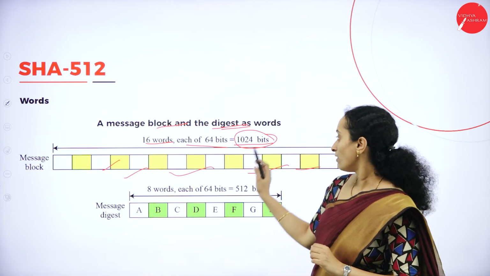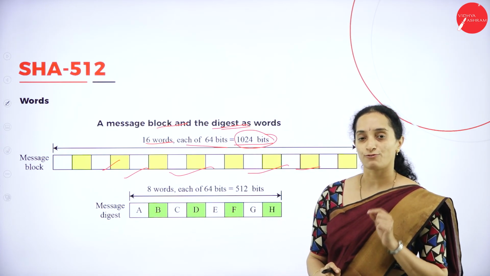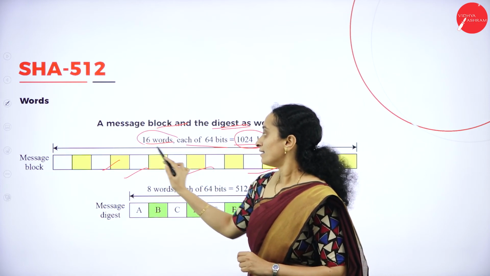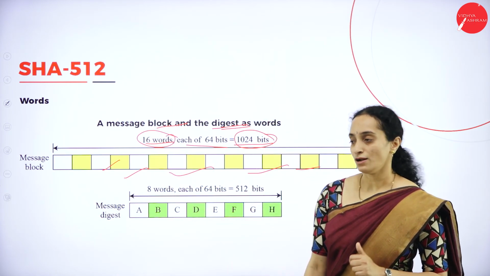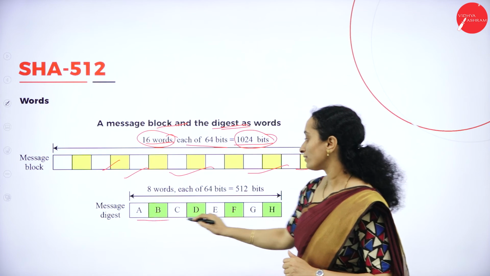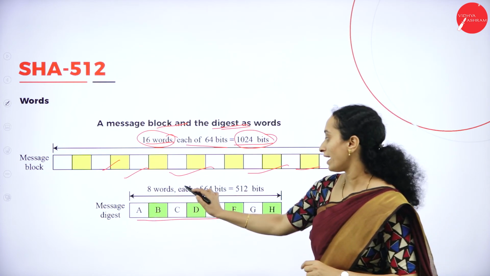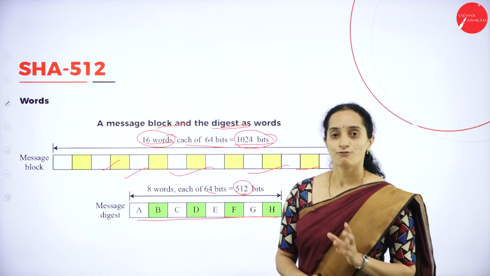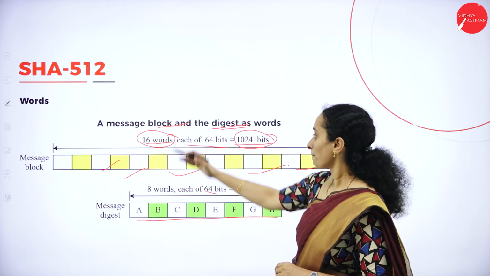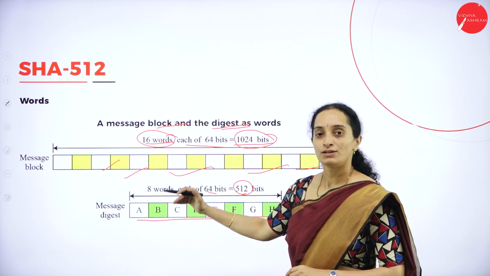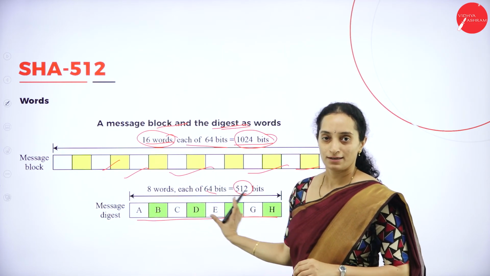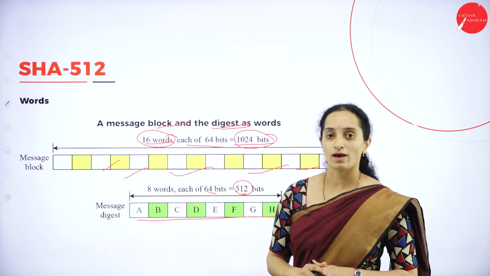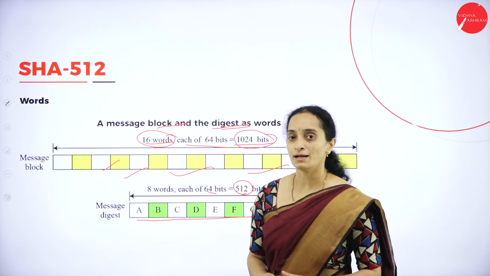Each block of 1024 bits is represented as 16 words. And we have the message digest of 8 words, each of 64 bits, which make up 512 bits. So 16 words in, and 8 words of 512 bits out, will be made by the SHA-512 algorithm.